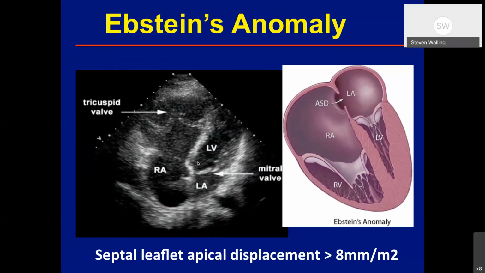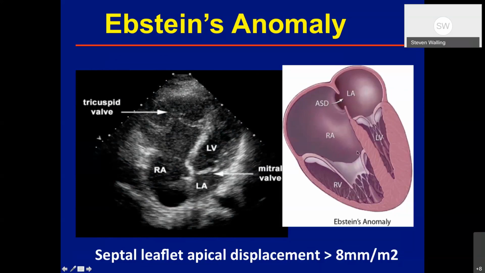Just one view for Epstein anomaly, the congenital disease. Just remember this always in the board: one of the differences between LV and RV is the tricuspid valve is always a little displaced towards the apex.